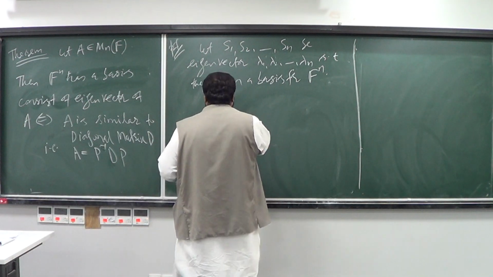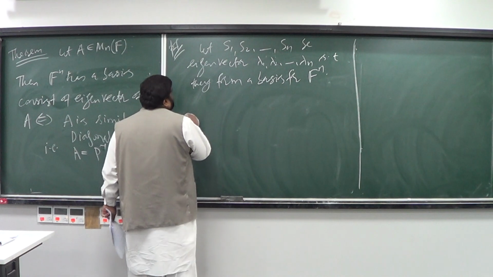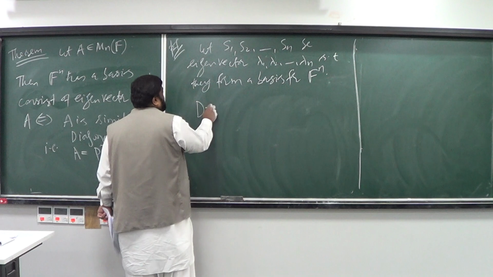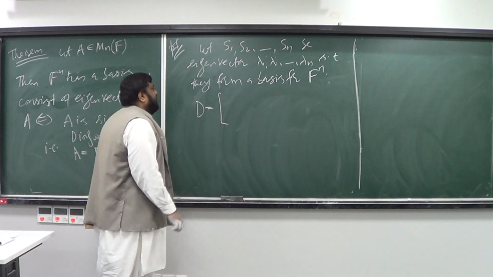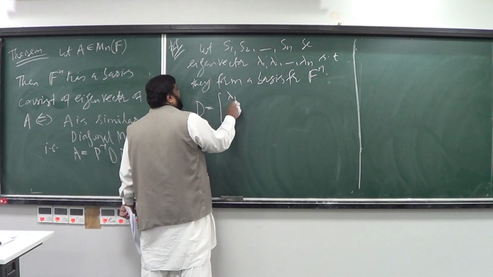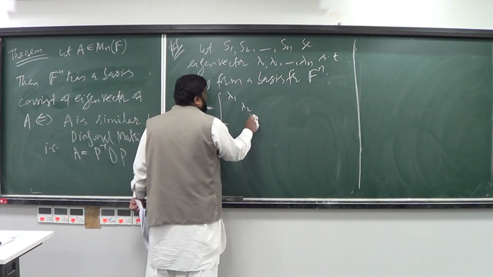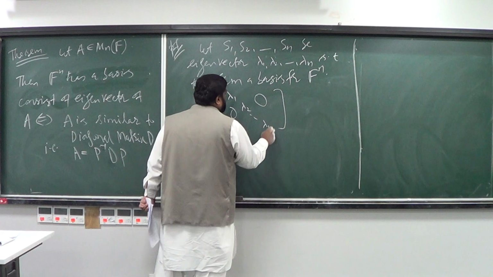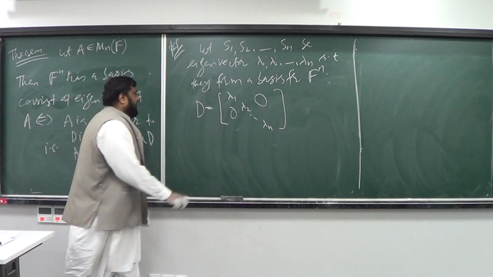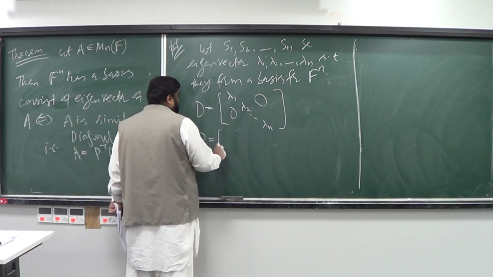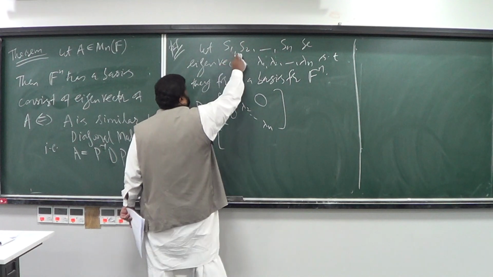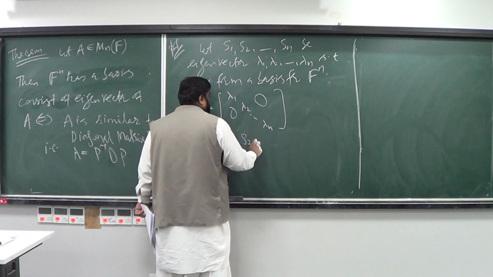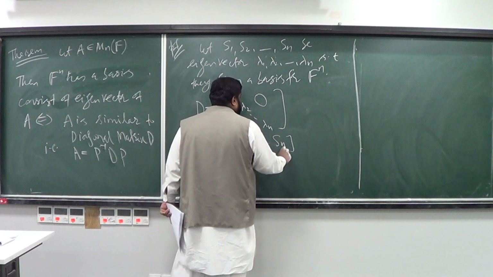It's not difficult. So take the matrix D as the diagonal matrix in which on the diagonal entries you put the eigenvalues, and the other entries are 0. And take the matrix P in which you put these eigenvectors S1, S2 up to Sn as columns.